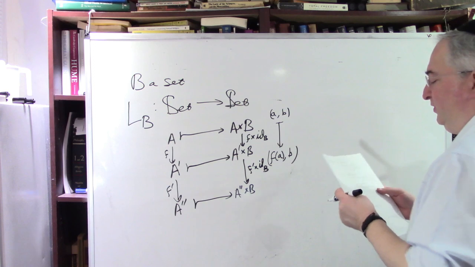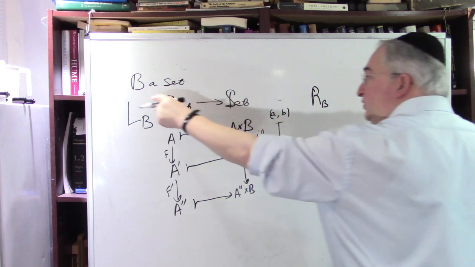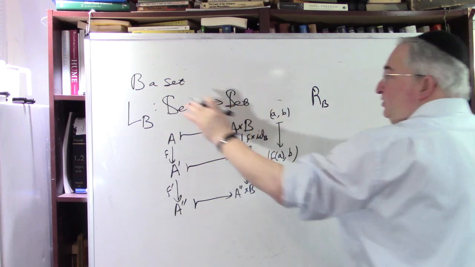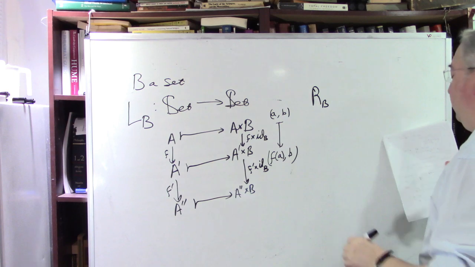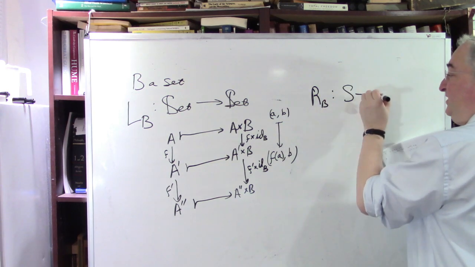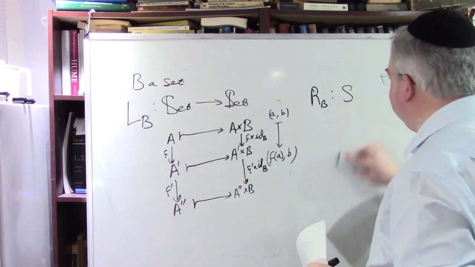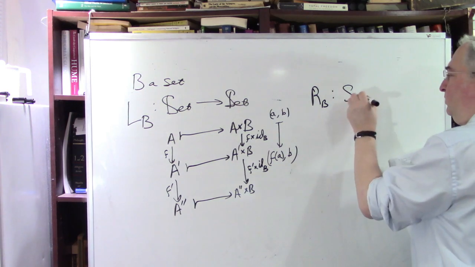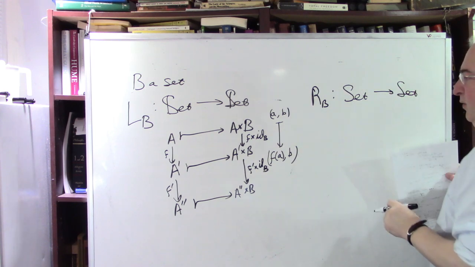It's called left. Now we're going to do another functor, R sub B. It also depends on the set B. So B is a set, and so we have R sub B. It also goes from set to set, just like this one. You have the left and the right.